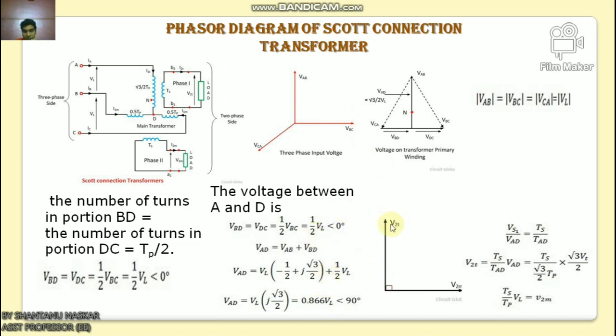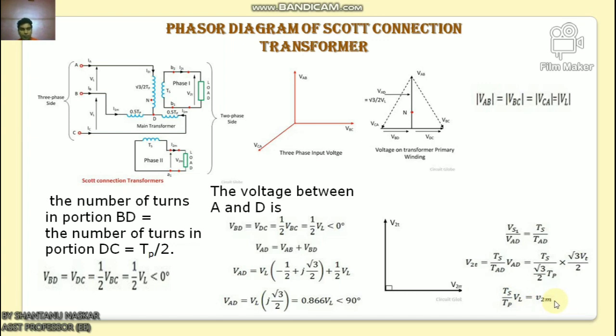This is V2T, this is V2M. So we can write V2T by VAD equals TS by TAD, which we can also write as V2T equals TS by TAD into VAD equals TS by root 3 by 2 TP into root 3 by 2 VL, and we can also write TS by TP into VL equals V2M.